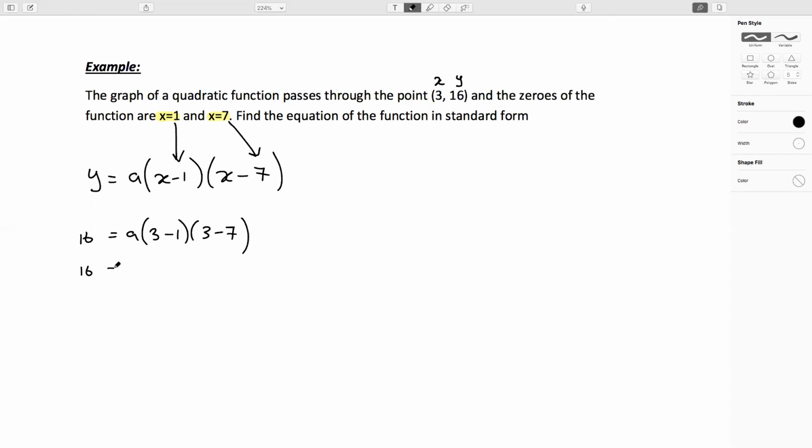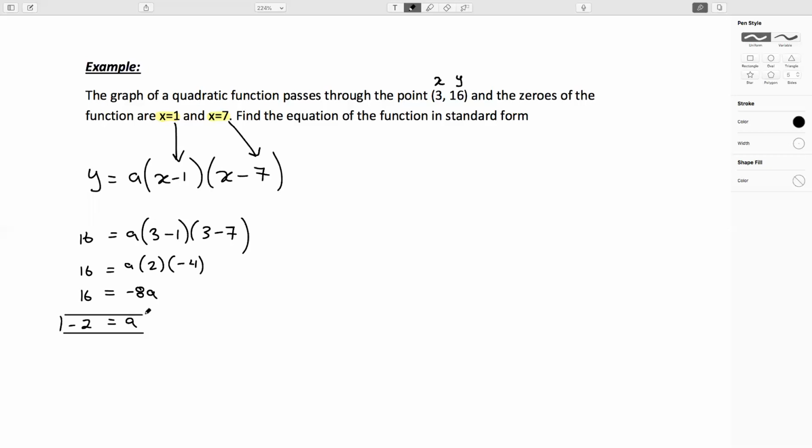So 16 equals a times 2 times -4. 16 equals -8a. We divide by -8. -2 equals a. So I've now found my stretch.